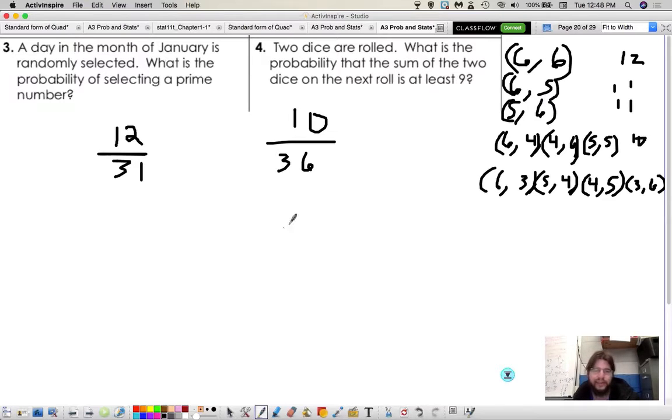So it might help to actually draw out the sample space. We'll probably do that in class. But you can look at the sample space for rolling 2 dice.